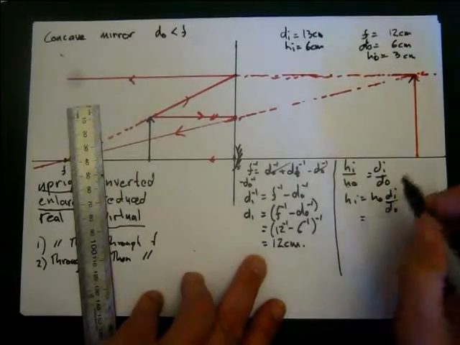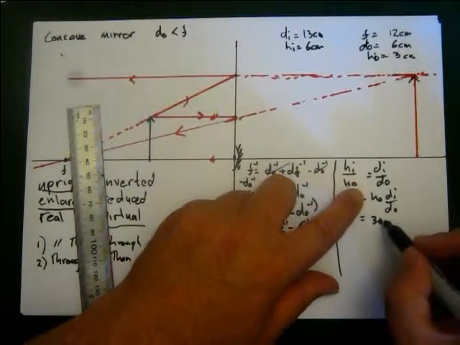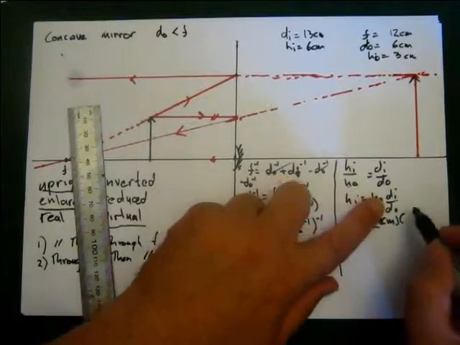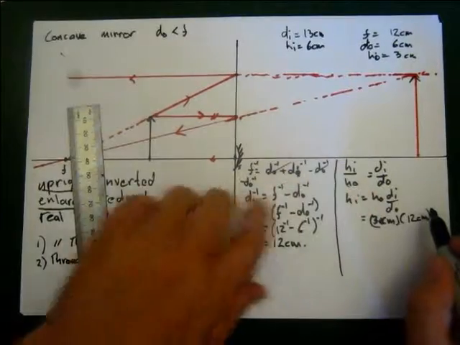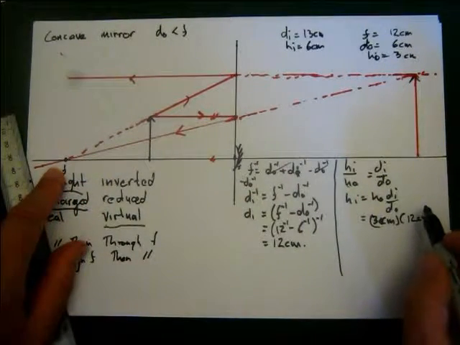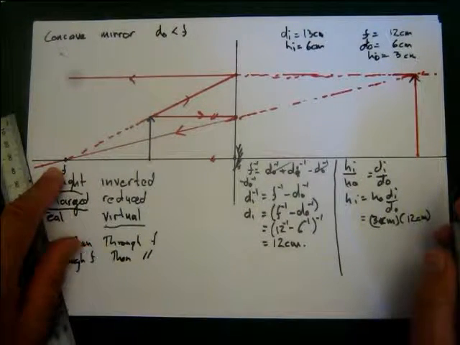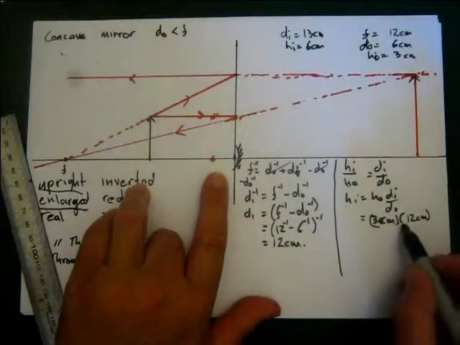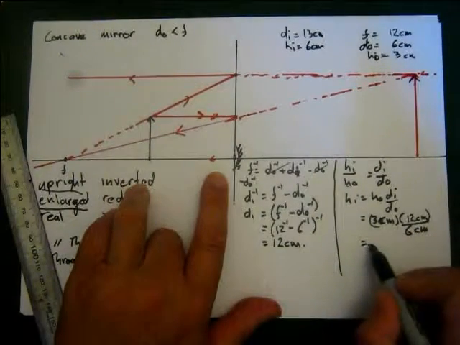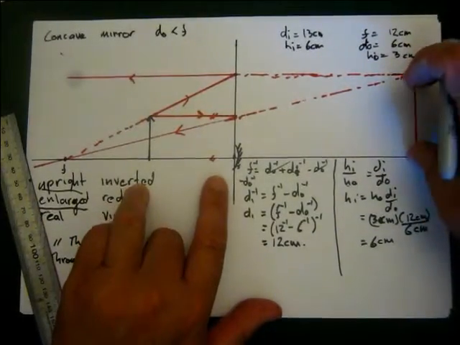So HI equals HO, which is 3 centimeters, times DI, which is 12, over DO, which is 6 centimeters, equals 6 centimeters tall. So this image is, yeah.